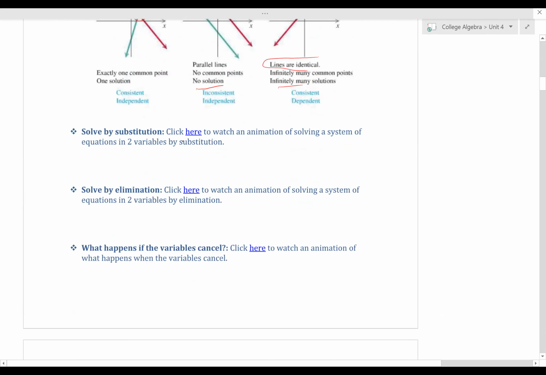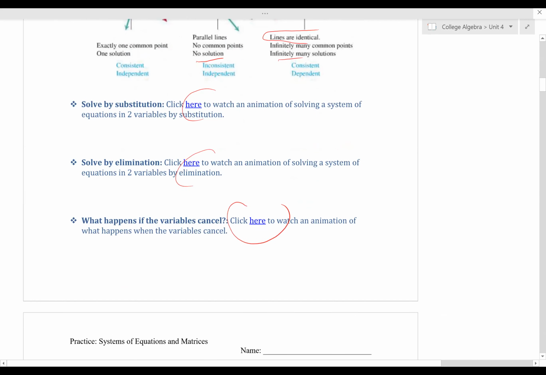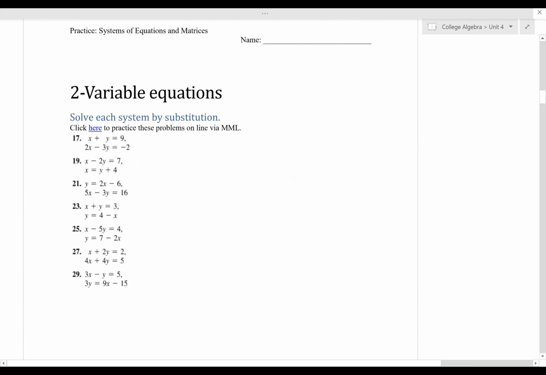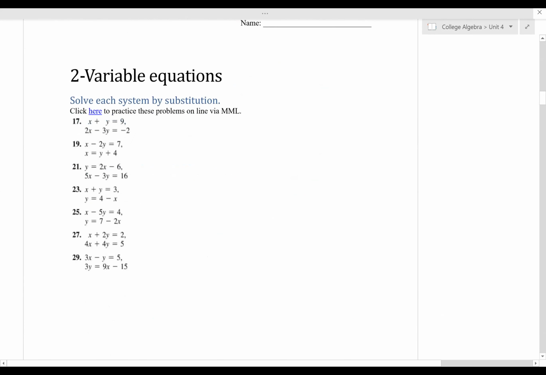So you can get different types of solutions depending on the system. I've got some different links here that you can watch if you need to see some additional lectures and tutorials. I'm going to go ahead and look at the two variable systems, and let's take a look at number 17. In this system, we have x plus y equals 9, and 2x minus 3y is equal to negative 2.